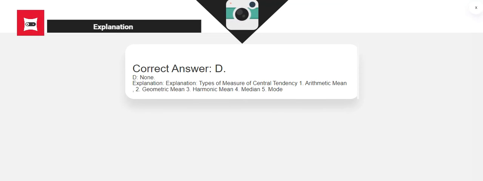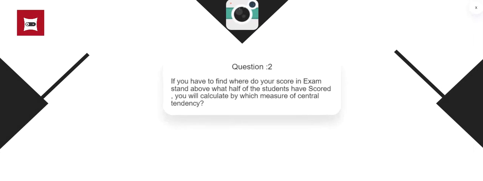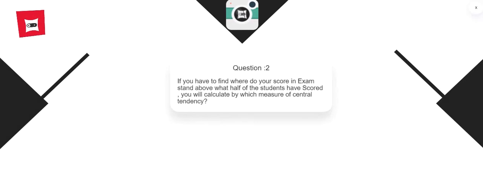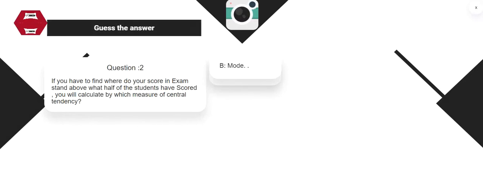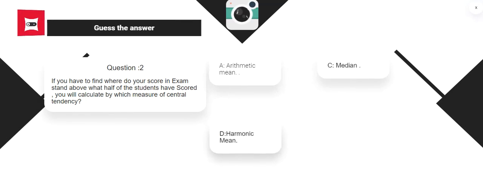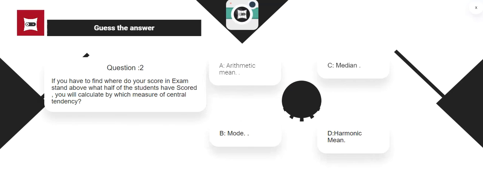So let's move to the second question. If you have to find out where your score in the exam stands compared to what half the students have scored, you will calculate by which measure of central tendency: arithmetic mean, mode, median, harmonic mean. Give the answer.